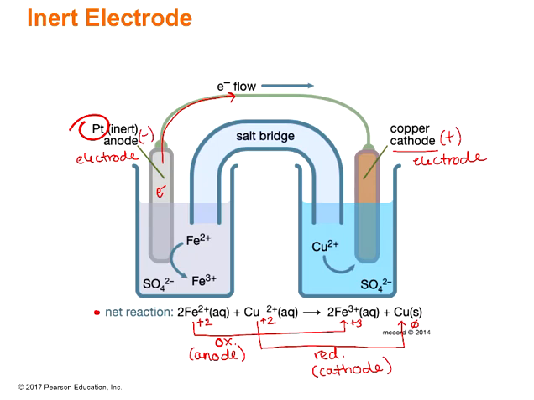So electrons are naturally attracted to that positive side. All right, and so the copper ions in that solution, they're going to grab onto 2 electrons and then become neutral copper. And they'll just deposit themselves on top of that copper cathode, or that copper electrode.